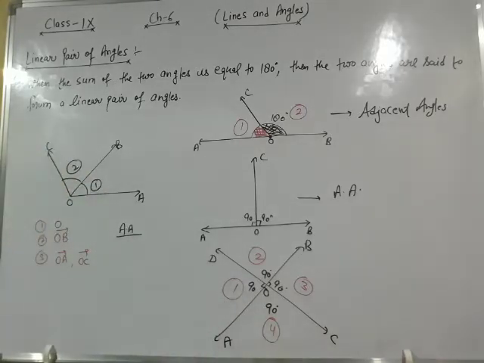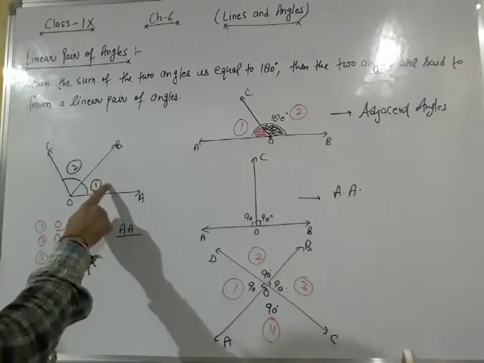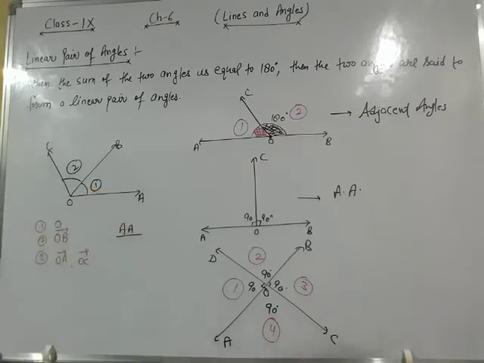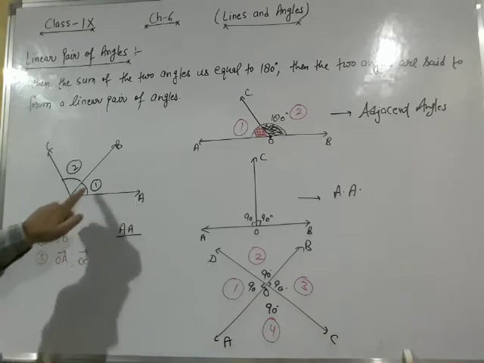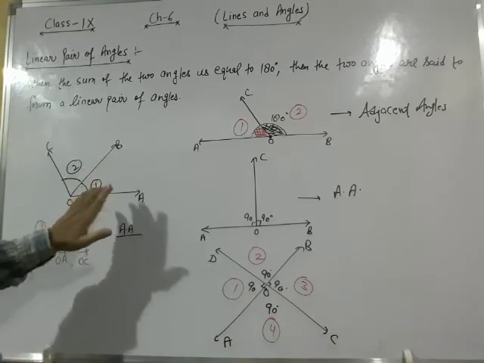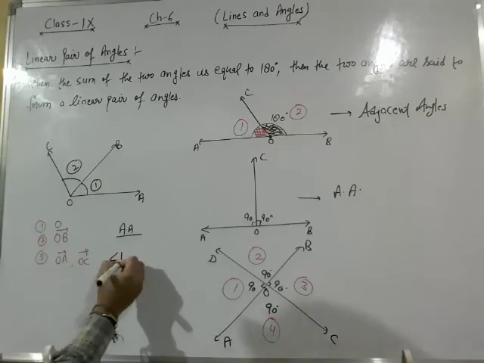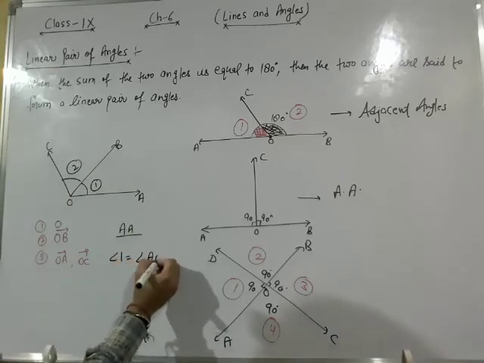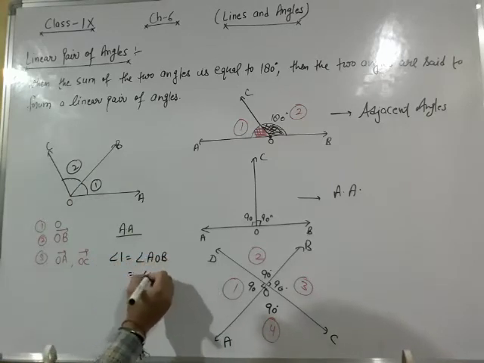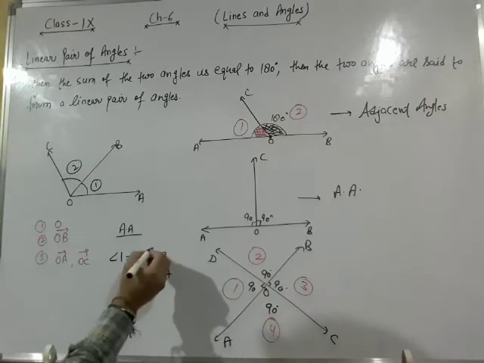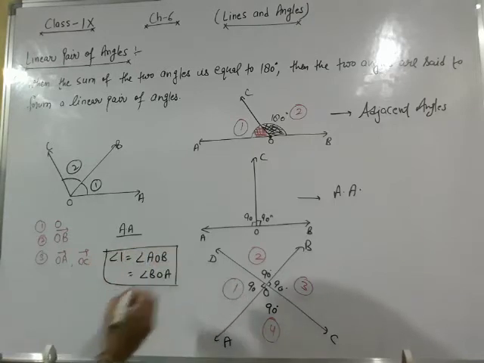Now come to the properties of angles. According to this diagram, angle 1 is an acute angle. Angle 1, I can say either angle 1 or angle AOB or angle BOA. These are all the same thing.